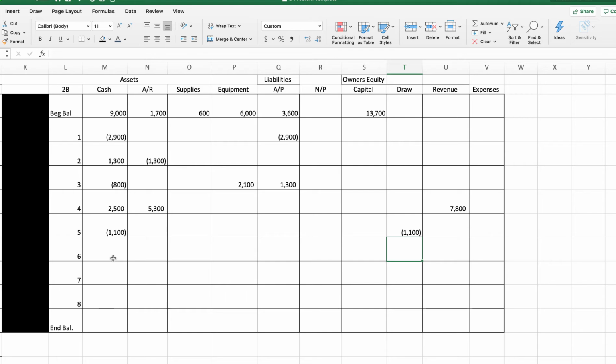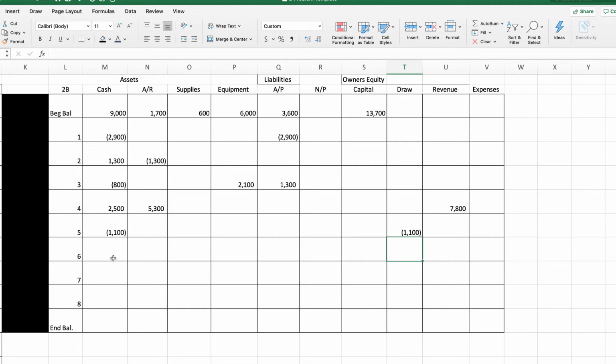Okay. Let's look at 6. Paid salaries, $1,700 for September. Rent for the month of September would be $900, and advertising expense for $450. Okay. I paid these. Right off the bat, it says paid.